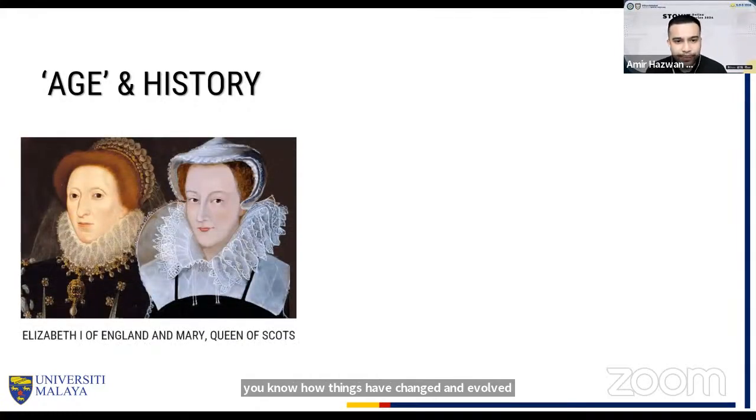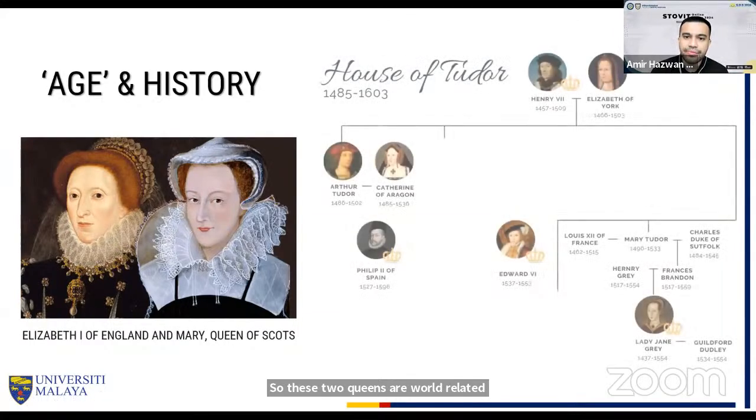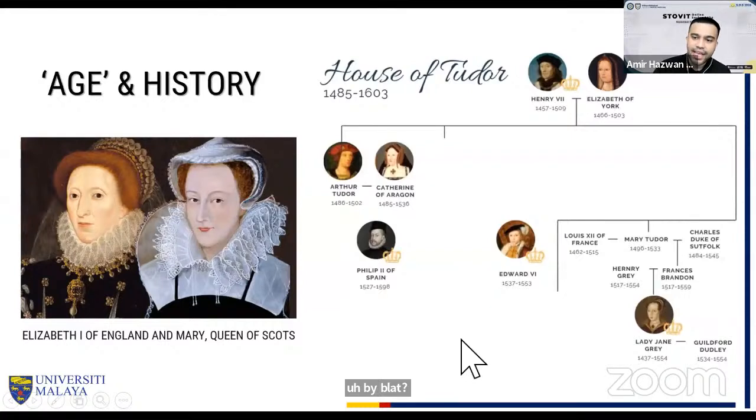All right, so I'm just going to talk about one person today. This is Mary, Queen of Scots. She lived in the 16th century. And next to her is Elizabeth I of England. These two queens were related by blood, as they came from the Tudor dynasty.